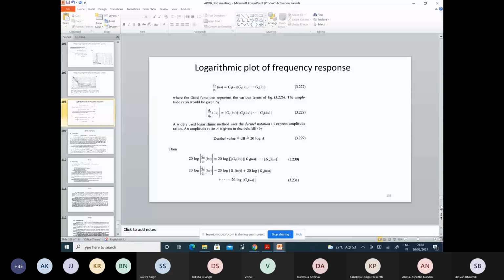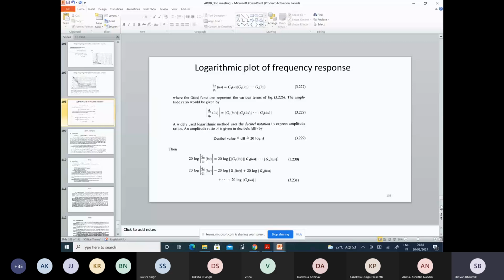Similarly, for a transfer function having a zero, the phase will be plus 90 degrees. Having a pole, it will start from 0 and end at minus 90 degrees. For a second order system with complex conjugate poles, it starts from 0 and goes to minus 180 degrees.